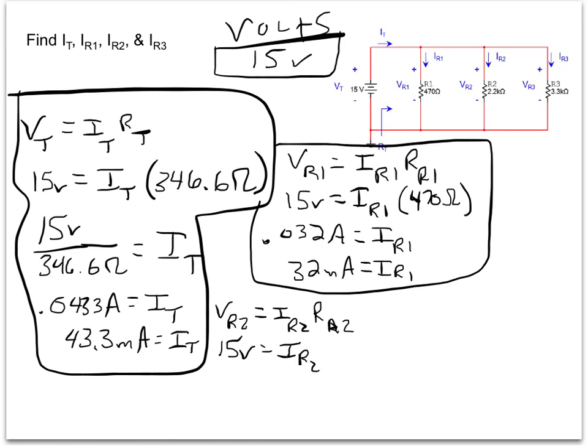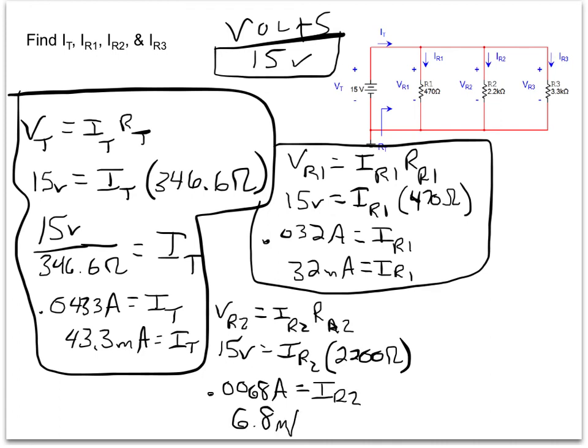The resistance is 2.2 kiloohms, which is 2,200 ohms. Divide both sides by 2,200 ohms using algebra to get I by itself. It comes out to be 0.0068 amps, which is 6.8 milliamps.